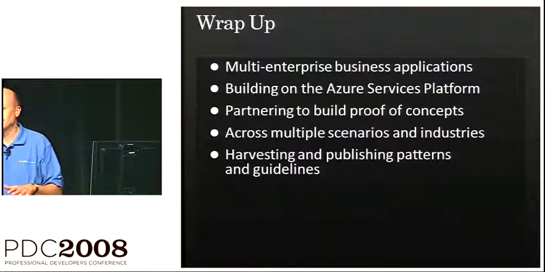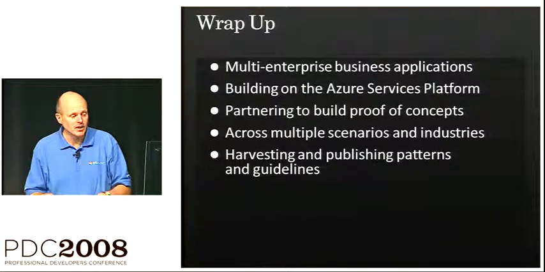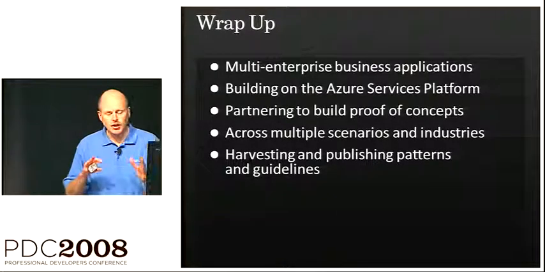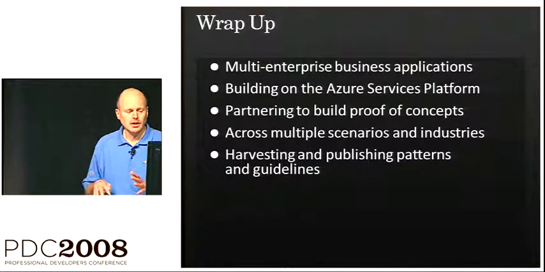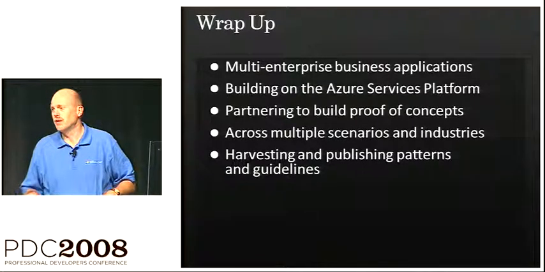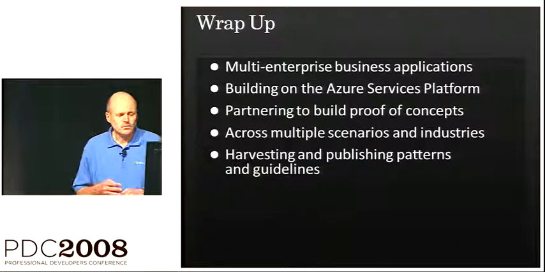So when we publish our patterns, and we're going to be publishing some blueprints as well to help you do this. If you haven't seen blueprints, check out our booth on the exhibit floor. It's the next generation of software factory technology. You will have the confidence that we will have actually built and run these scenarios with our partners.